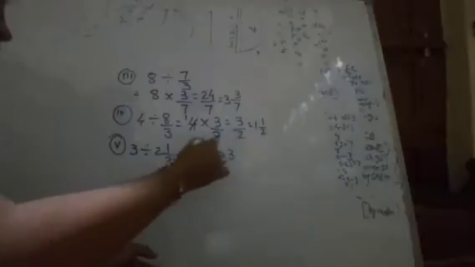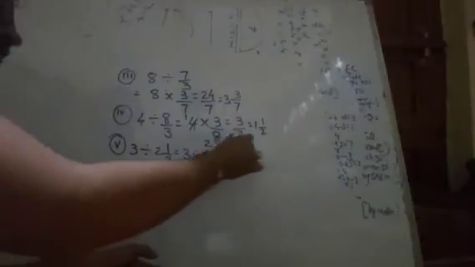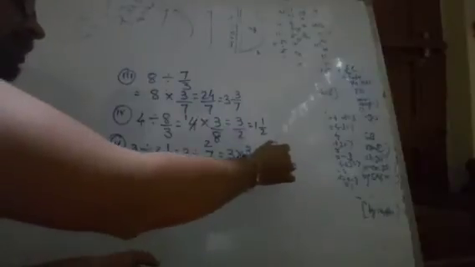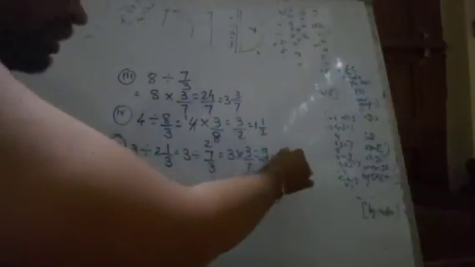Convert this division into multiplication. This becomes the reciprocal. 3 3s are 9 by 7. 7 ones are 7. 2 remains, 2 is the remainder. 2 goes in the numerator and this 7. So your answer will be 1 integer 2 by 7.